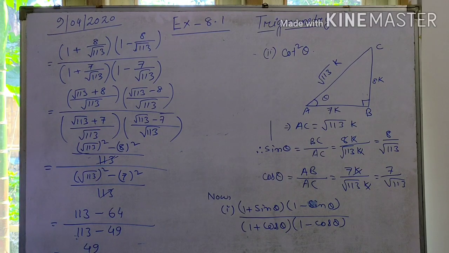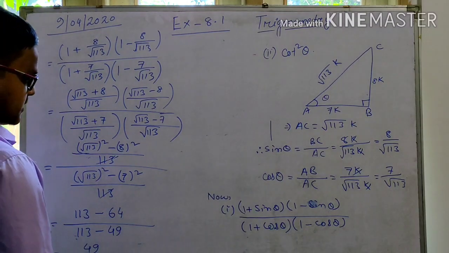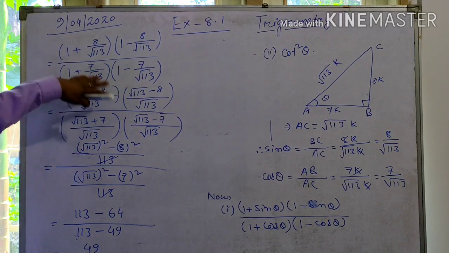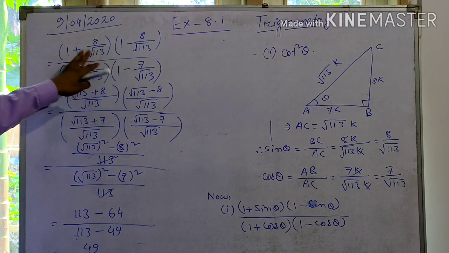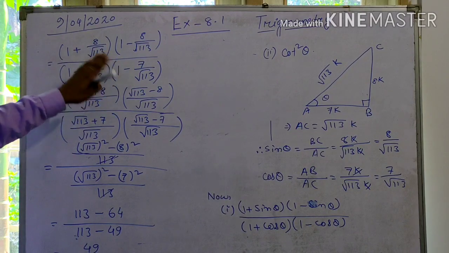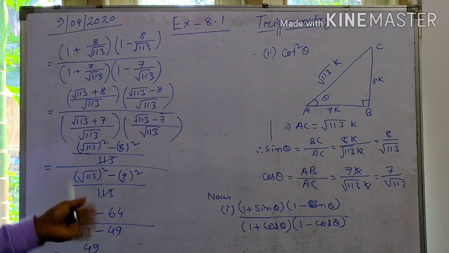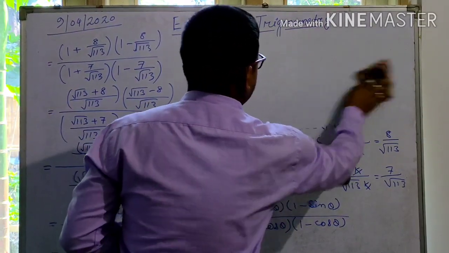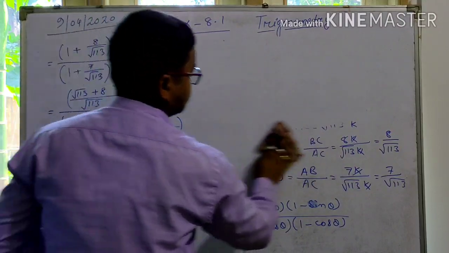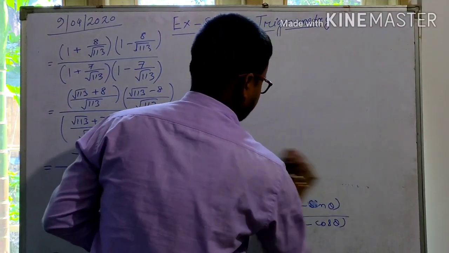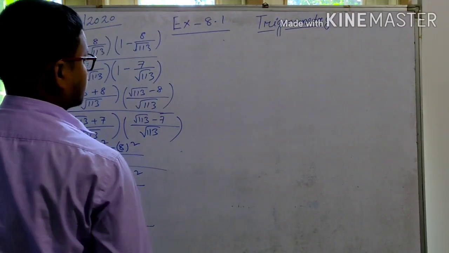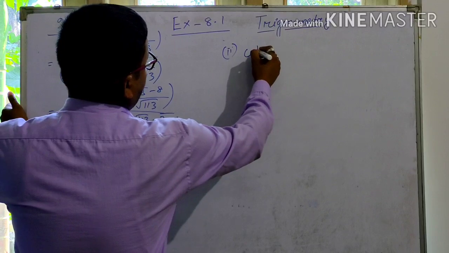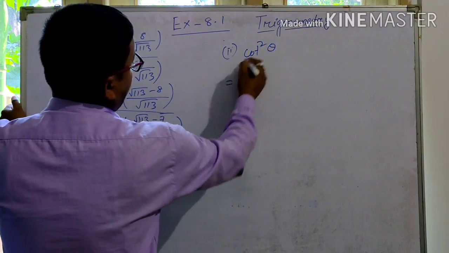Clear? So now what is the next result? Where 49 by 64 you will put. It is just this simple calculation. First you have to take the LCM of this 1 and this 2 and like that. So the other part I will do here. Question number 2 is given cot square theta.